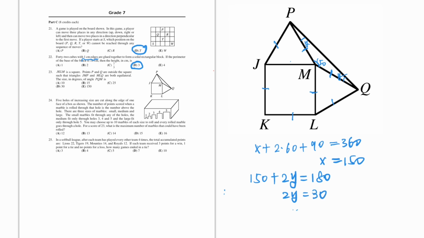And then isolate y, both sides divided by 2 is the 15. Therefore, the answer is 15.